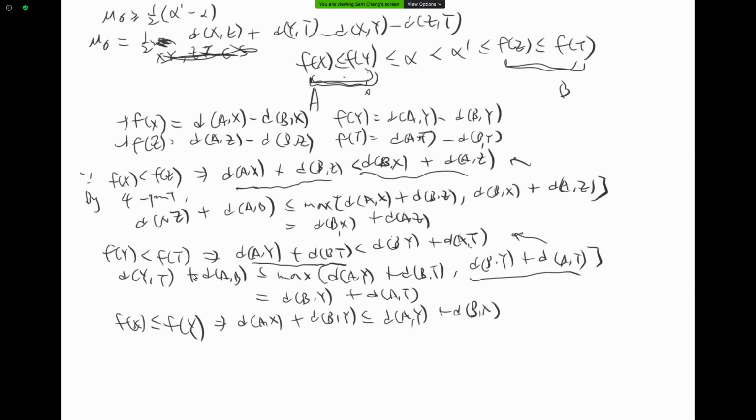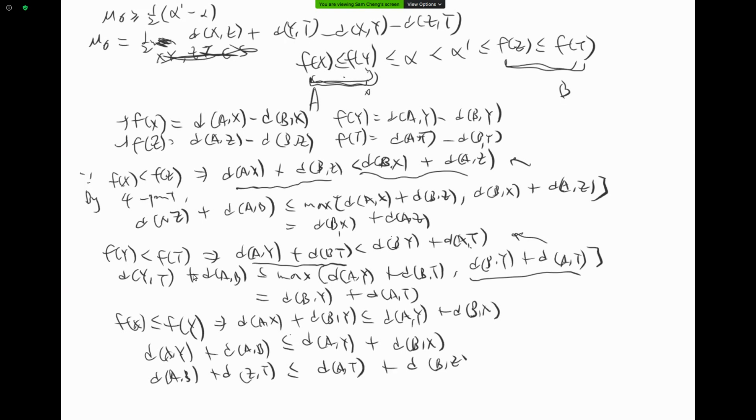And with the same token, using the 4 point, I will have an equation like dxy plus dab is less than or equal to day plus dbx. And lastly, using the totally same token, I have an equation that dab plus dzt is less than or equal to dat plus dbz. So now I have this equation here, and this equation here.